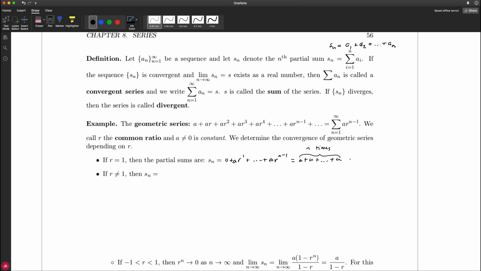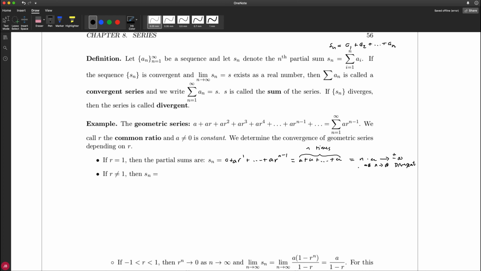Well, that's just n times a. If a is positive, then as n becomes large, i.e. goes off to infinity, n times a will go to positive infinity. But if a is negative, n is still getting large and positive, so this would go off to minus infinity. In either case, you get a divergent sequence of partial sums, which means the infinite series diverges.